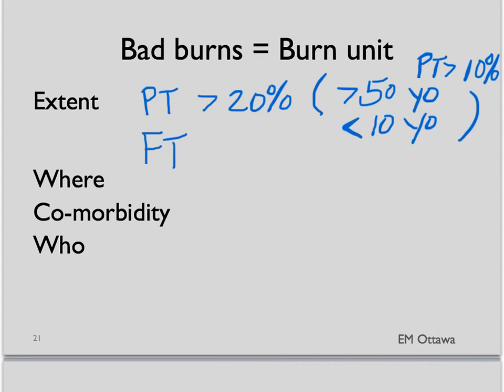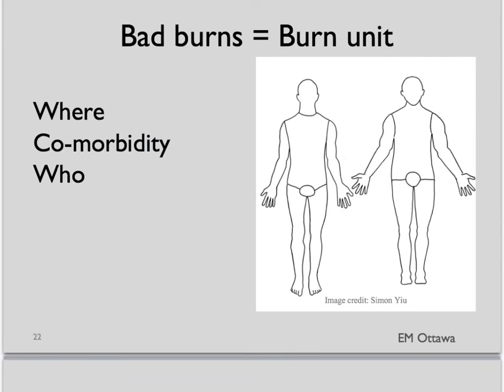If you have a full thickness burn, that's a third degree burn, more than 5% of your body surface area. And then there are criteria of where the burn is.